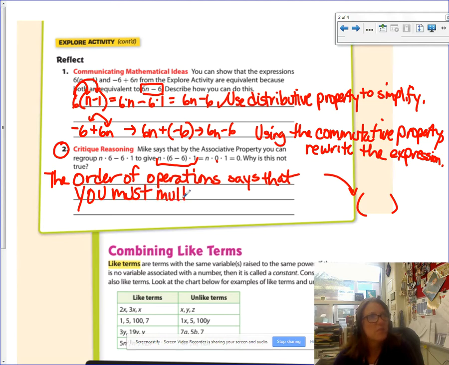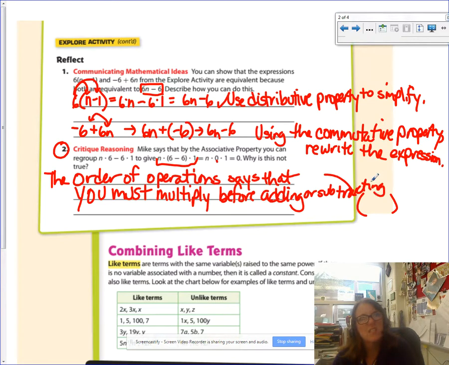So you must multiply before adding or subtracting. In this case, it's subtracting.